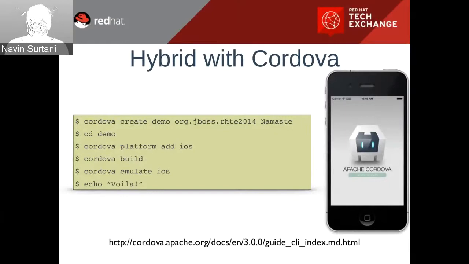If you already have an HTML5 application, typically you can drag it into that, and it will wrap it into a Cordova native wrapper that allows you to deploy on iOS or any other platform you want to target, like Android. So Cordova is very, very efficient for hybrid type applications.